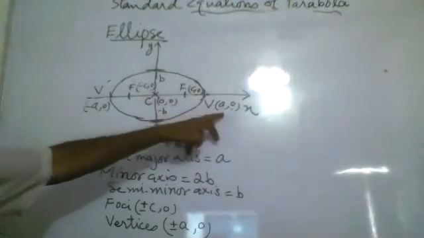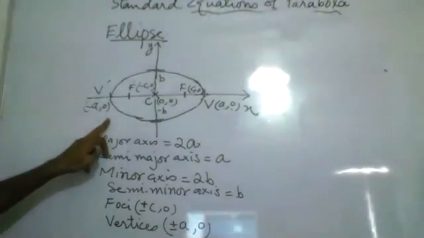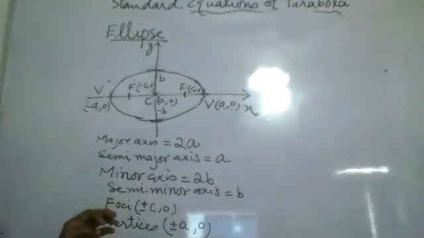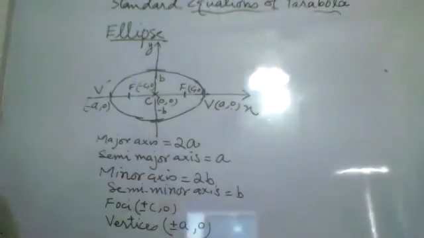This will be plus a comma 0, this will be minus a comma 0. This is plus c comma 0, this is minus c comma 0. These are the vertices, foci, semi major axis, semi minor axis. So these are the terminology.